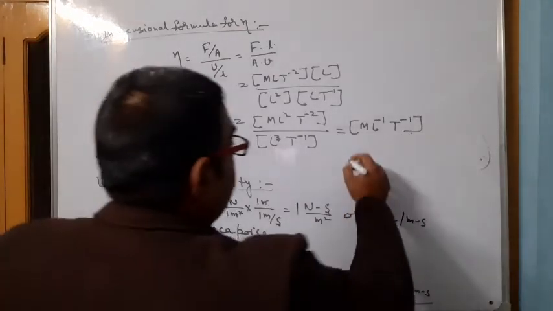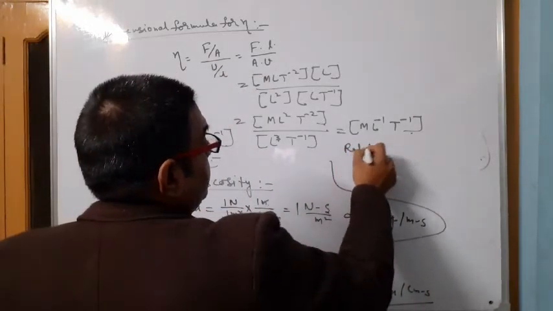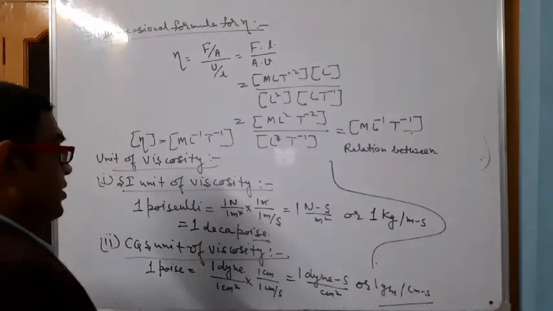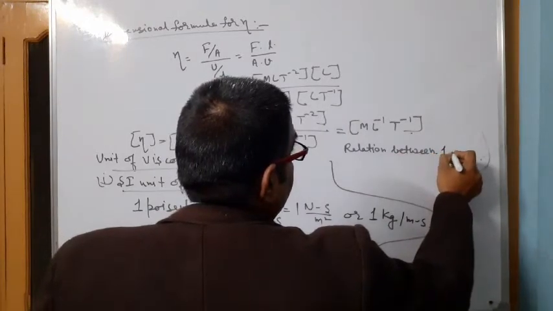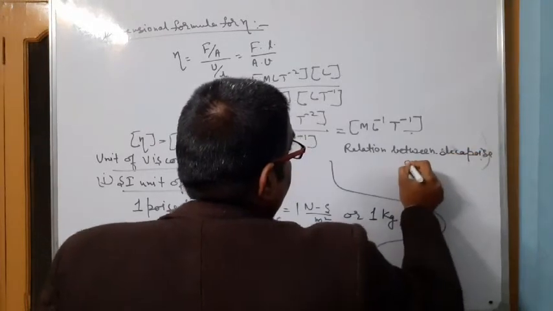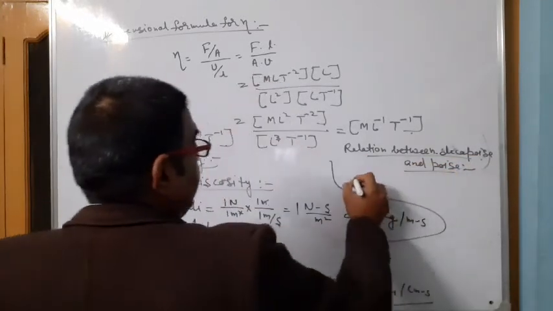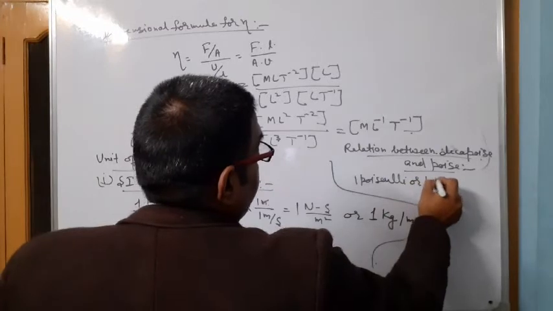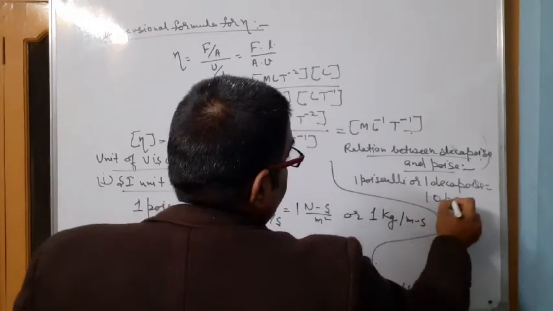So the relation between decapoise and poise: 1 Poiseuille or 1 decapoise is equal to 10 poise.